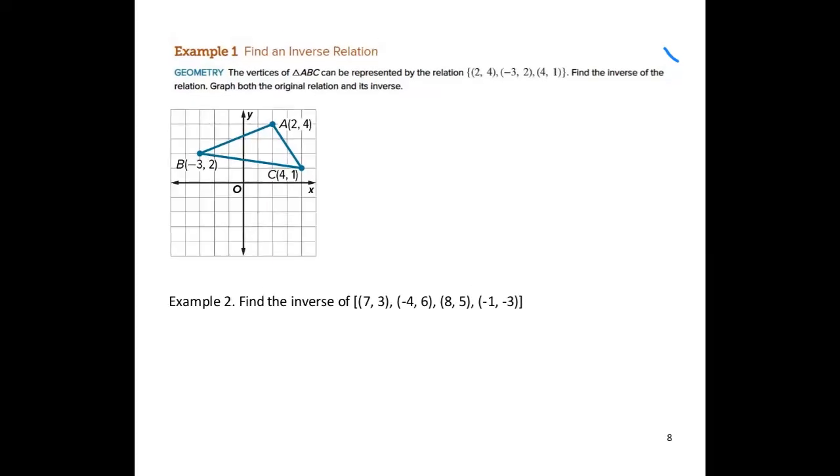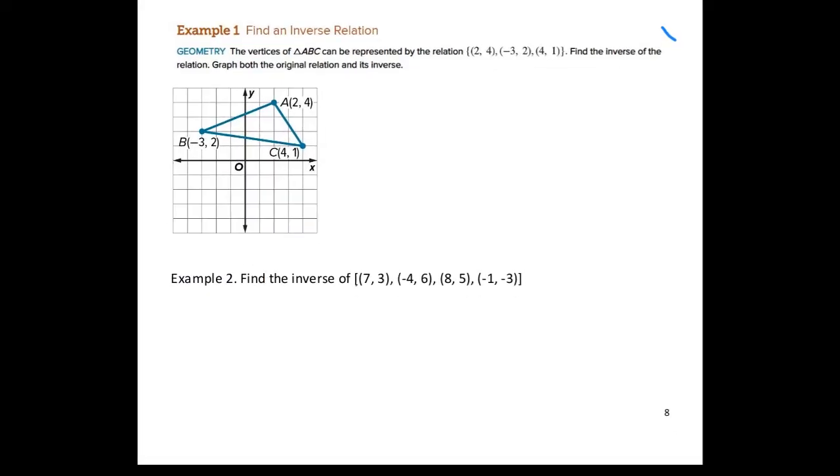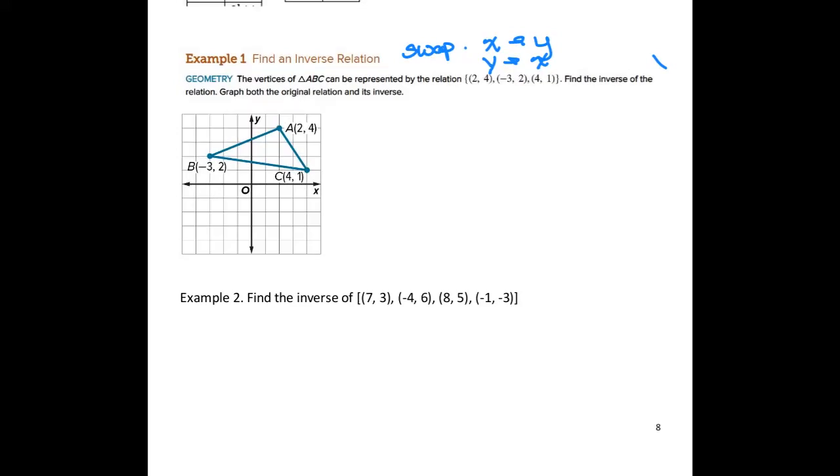All right, so example 1 says find an inverse relationship. So this again is very similar to your table. So here you are going to swap or switch all x values to be the y values, and all the y values are going to switch to be your x values. Okay?